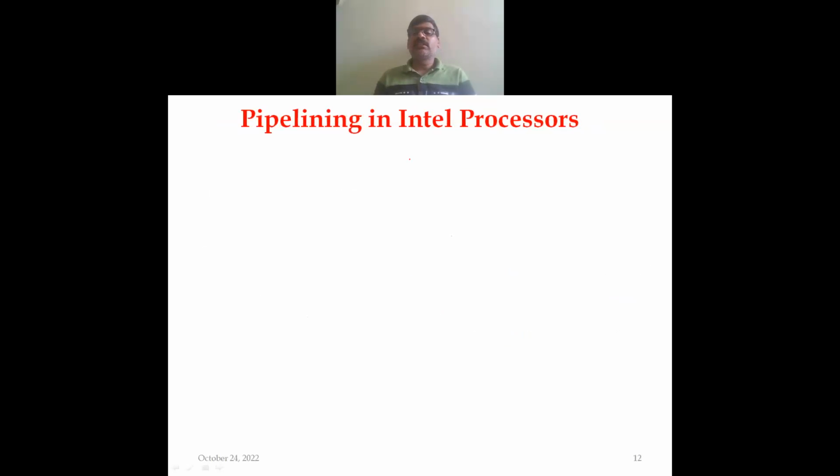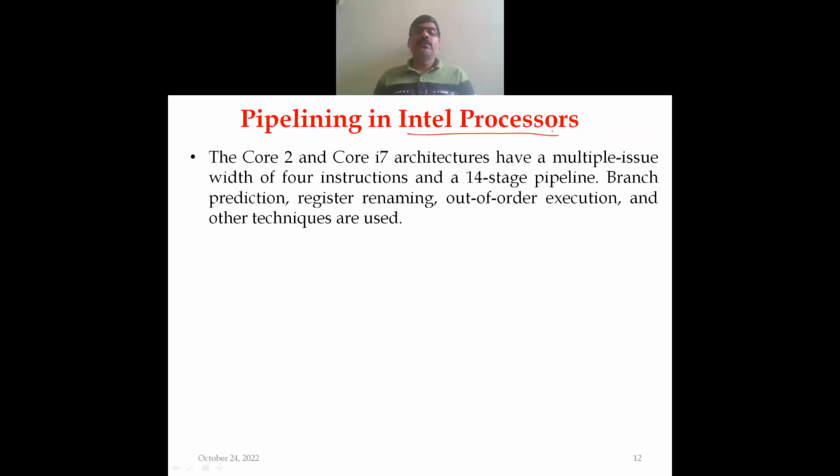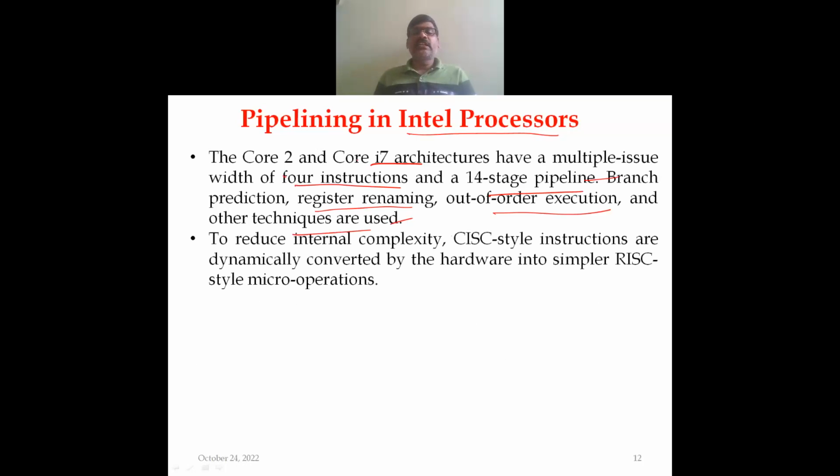Next, coming to pipelining in Intel processors, this is a second example of CISC processor pipelining. The Core 2 and Core i7 architectures have multiple issue of 4 instructions and a 14 stage pipeline. Branch prediction, register renaming, out of order execution and other techniques are implemented in these Intel processors also.